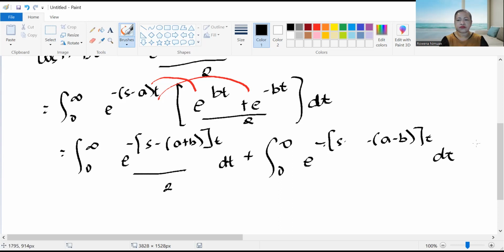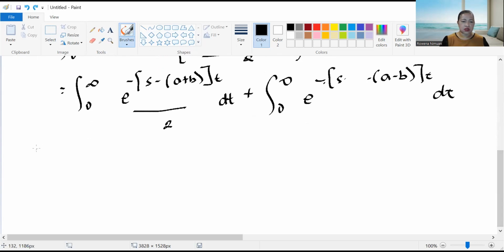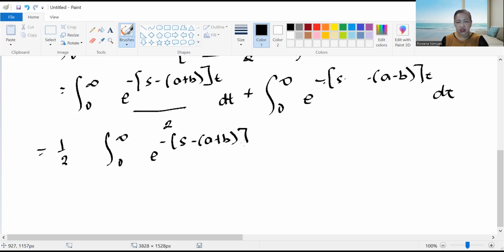Then taking out 1/2, the integral from 0 to infinity of e to the negative s minus a plus b, t dt.